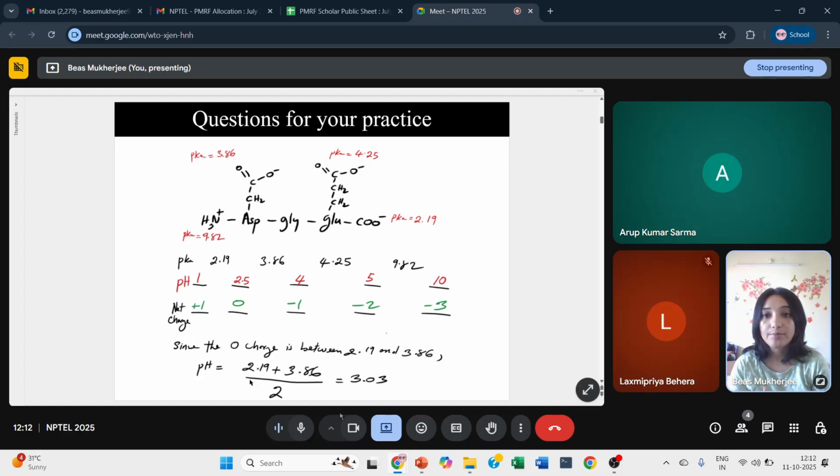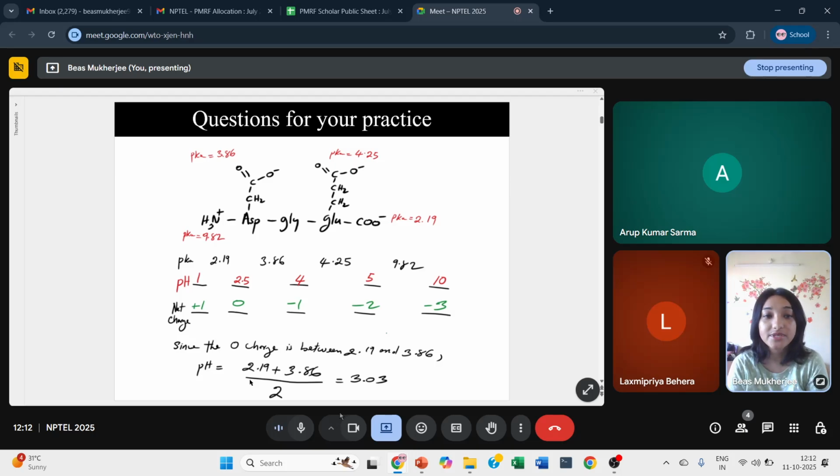For example, at pH 1 the net charge is +1. How is that happening? At pH 1, if you take the charge of all of these different ionizable groups and add them up, you get -3 and +1, so it becomes +1.